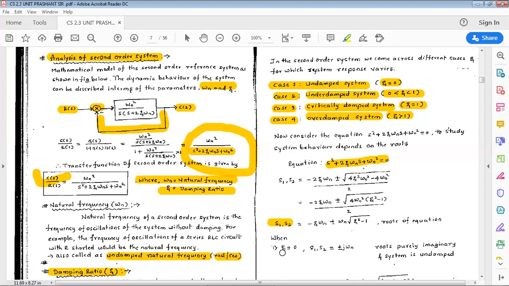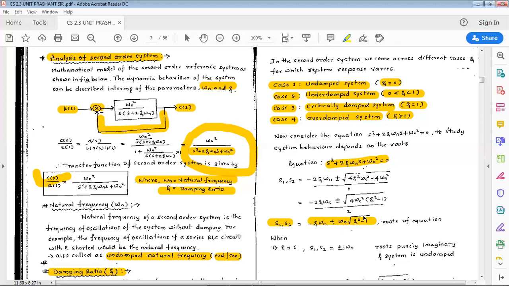First, when zeta is equal to 0, s1 and s2 is equal to minus zeta omega n plus or minus omega n under root zeta square minus 1. In this equation, if I write zeta as 0, this term will become 0.